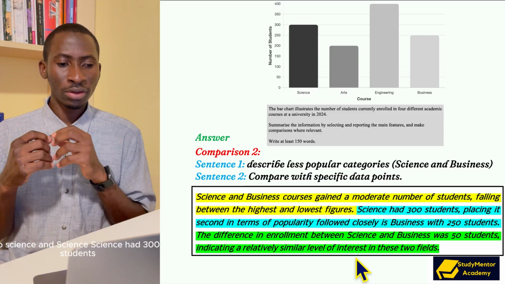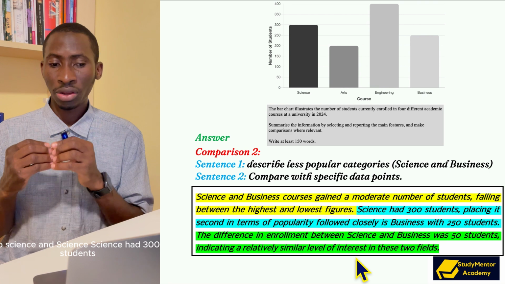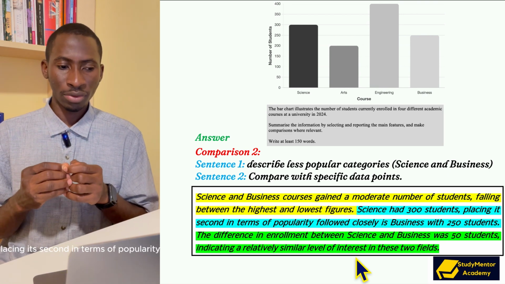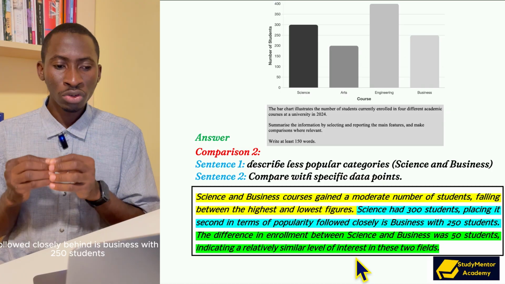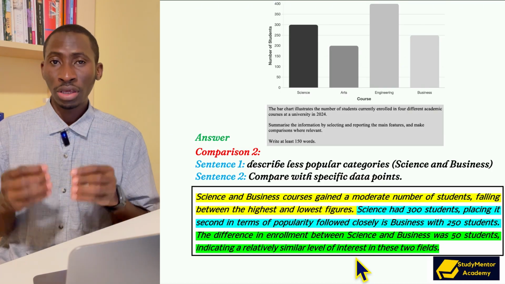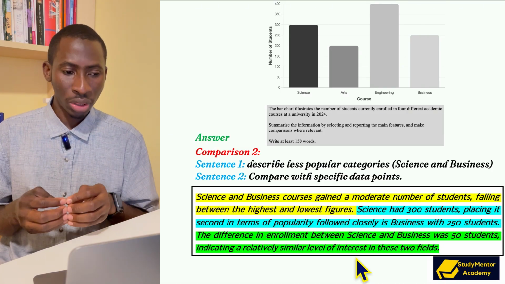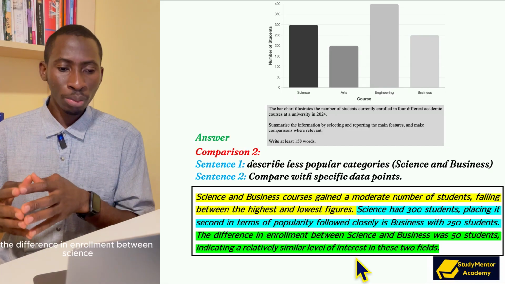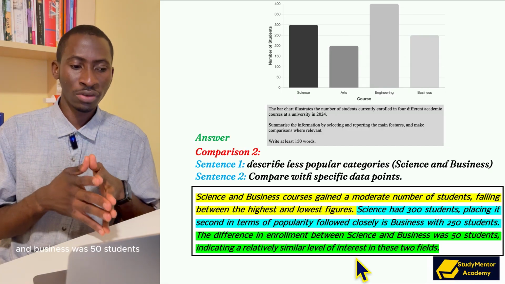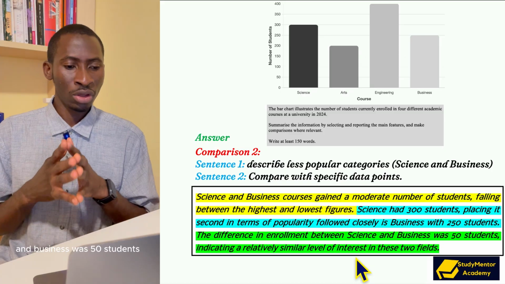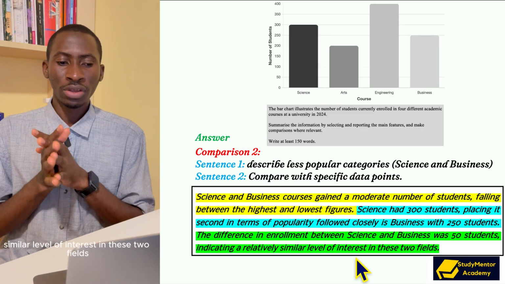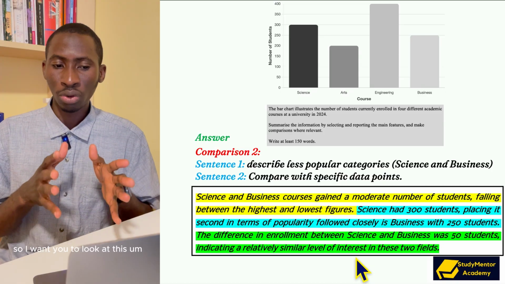So science had 300 students, placing it second in terms of popularity, followed closely behind is business with 250 students. The difference in enrollment between science and business was 50 students, indicating a relatively similar level of interest in these two fields.